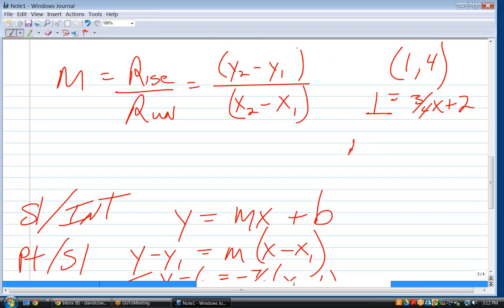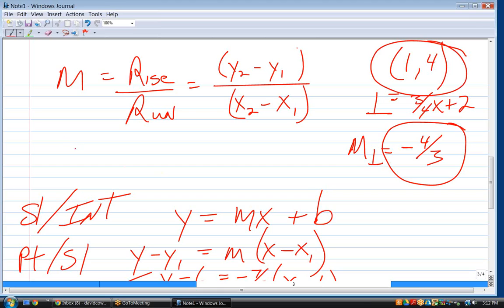Yeah, so our slope of the perpendicular, it's not 4/3. You have to do two things. You have to flip it and you have to do something else. Negative 4/3. So our slope is negative 4/3. So there's our slope. There's our point. What's the equation of it?